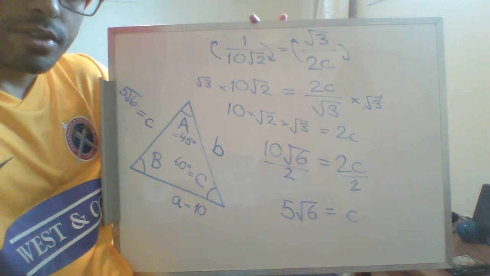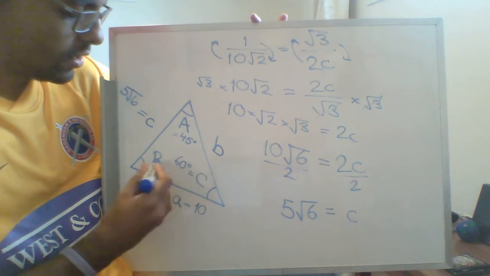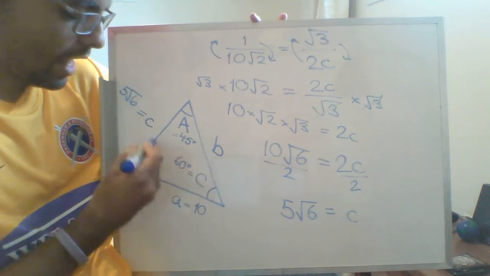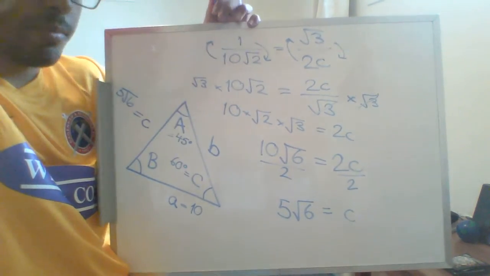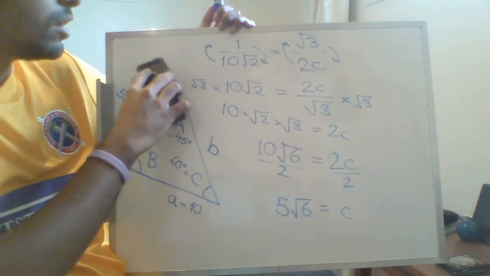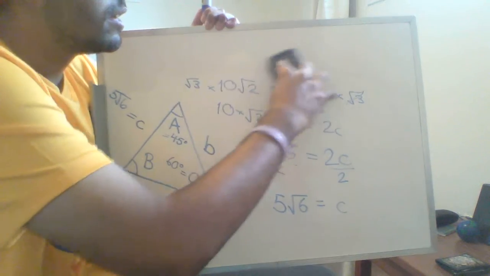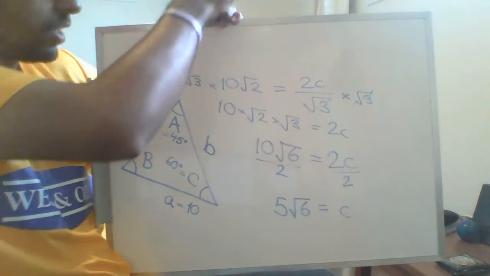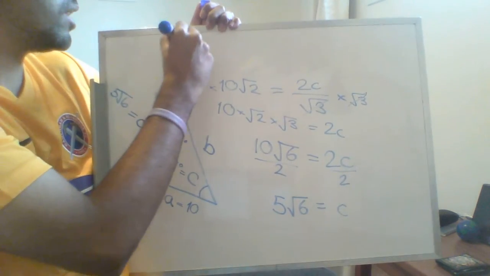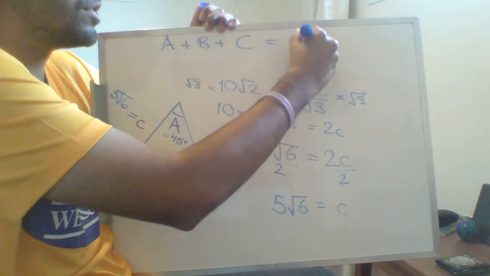Now, if we wanted to, we could continue and figure out side B and angle B. We can figure out angle B very easily. If you look, we've got a triangle, and it's going to have 180 degrees on the inside. So angle A plus angle B plus angle C is going to equal 180 degrees.